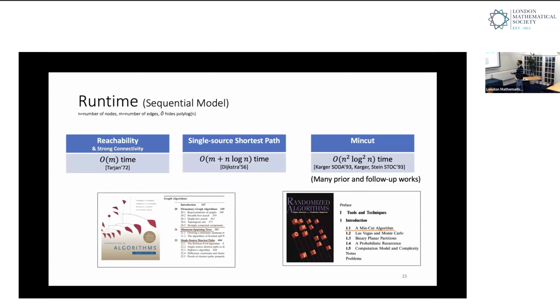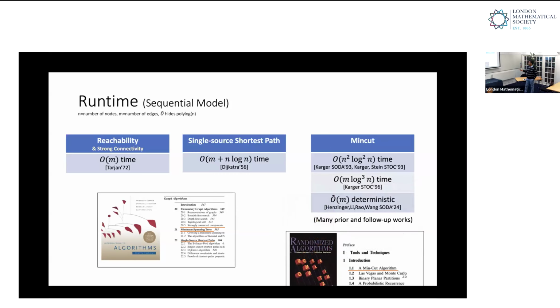And the state of the art is an order m time algorithm for reachability, which is essentially a BFS. For single source shortest path, you do Dijkstra and you get m plus n log n. And for min cut, the algorithm in this book gives you an n squared log squared n algorithm. And they have got a bunch of follow-up and prior works on it.